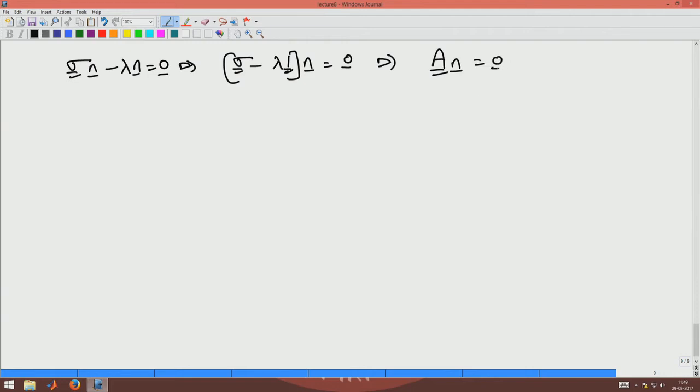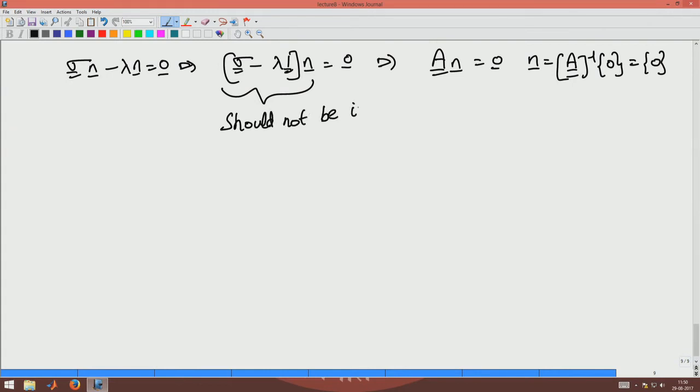If I were able to invert A, I would get n as A inverse of the 0 vector, which will be the 0 vector for n. But I have a constraint that n has to be a unit vector. So, this is not what I am looking for. This matrix should not be invertible.